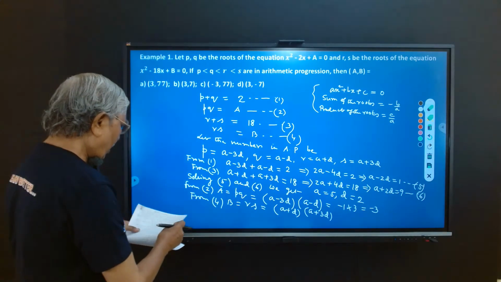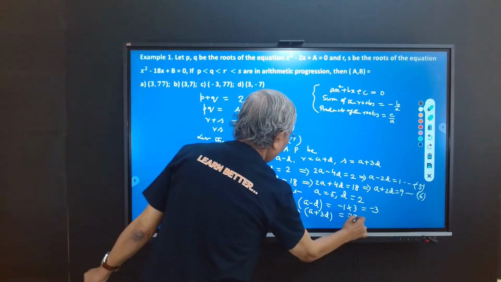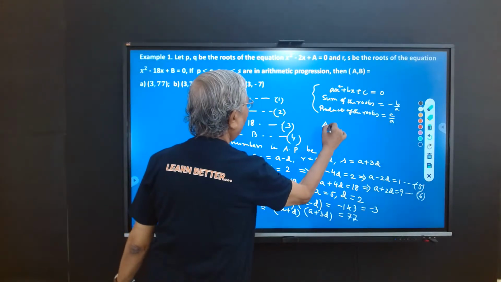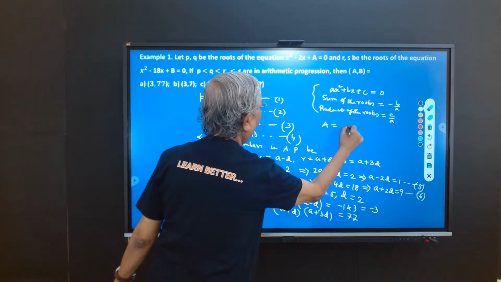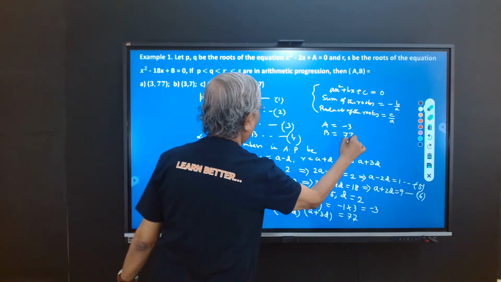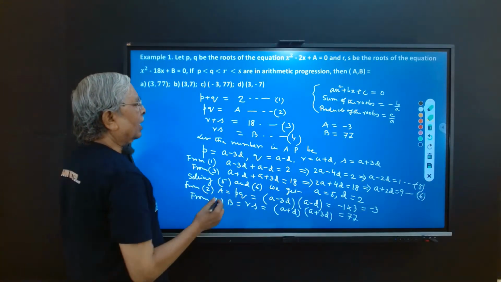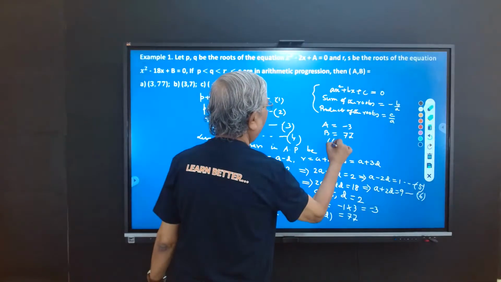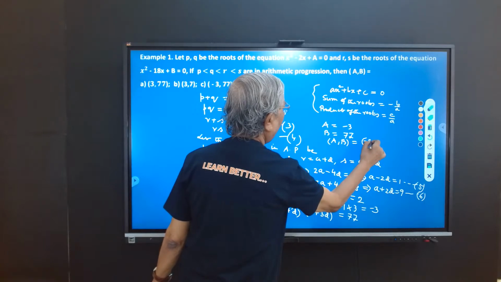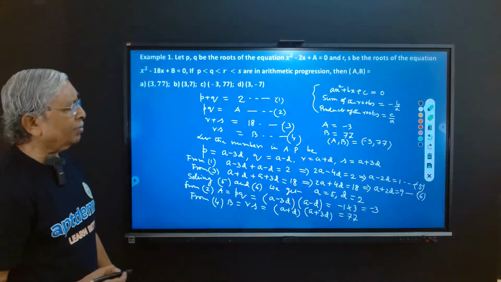Put this value, and finally we'll get the result as 77. So we have got A equals minus 3, B equals 77. What are the options given? So the ordered pair (a, b) is equal to (minus 3, 77).